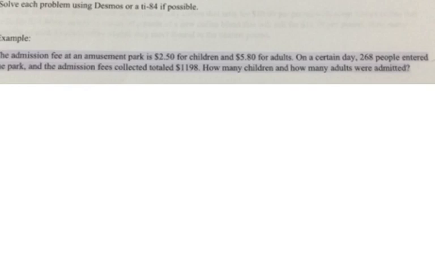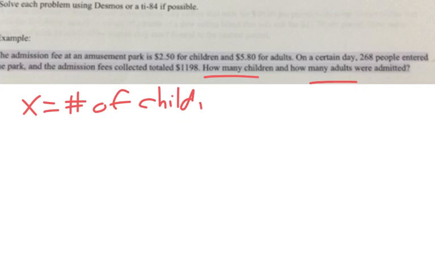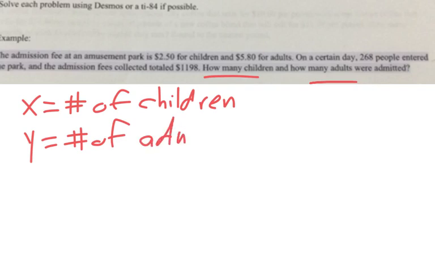How many children and how many adults were admitted? So right there's the things I'm looking for. So those are my variables. So I'm going to let X be the number of children that entered the park, and I'm going to let Y be the number of adults that entered the park. Any questions there?